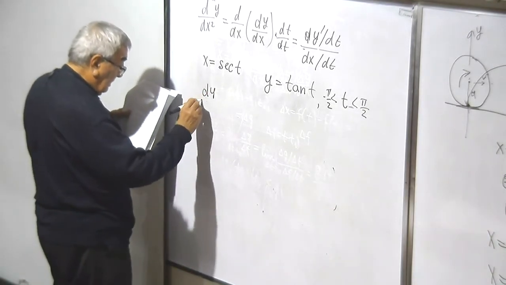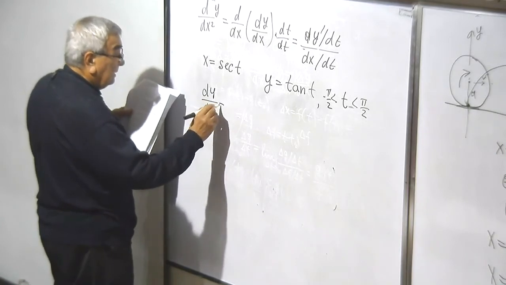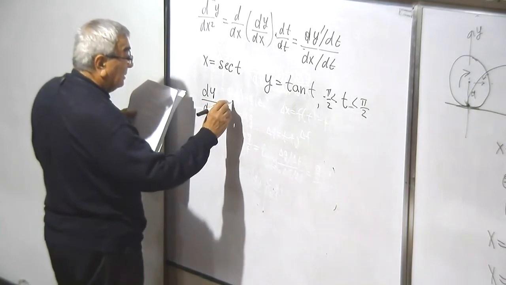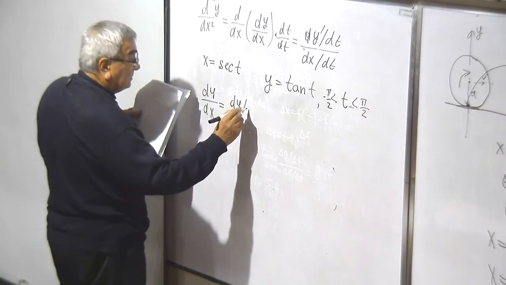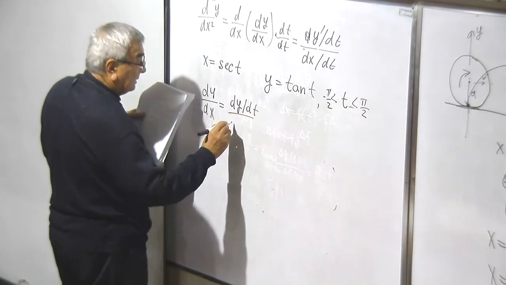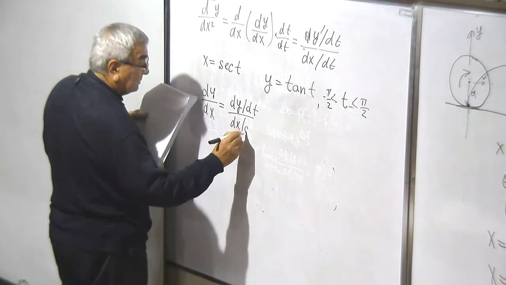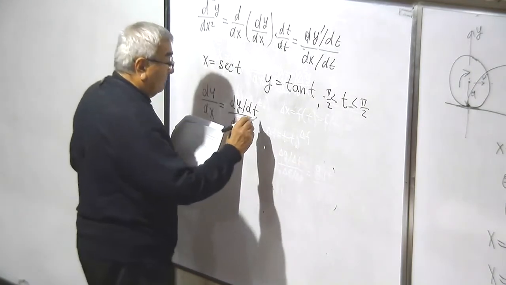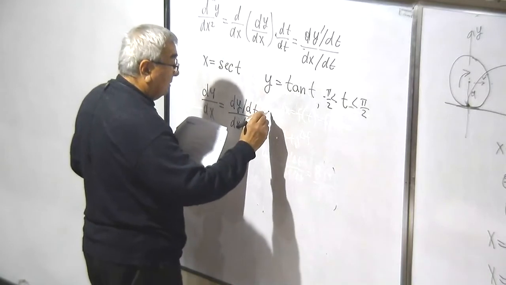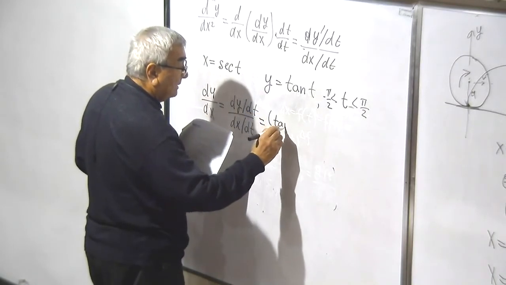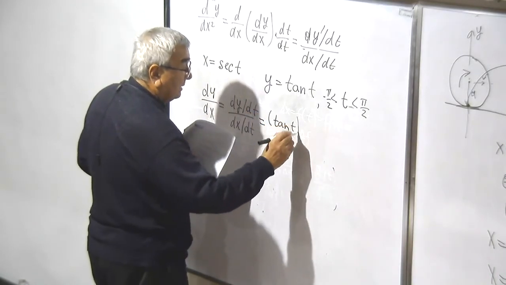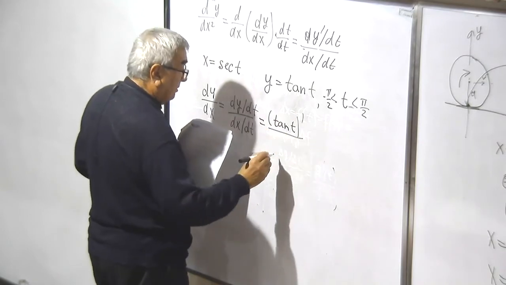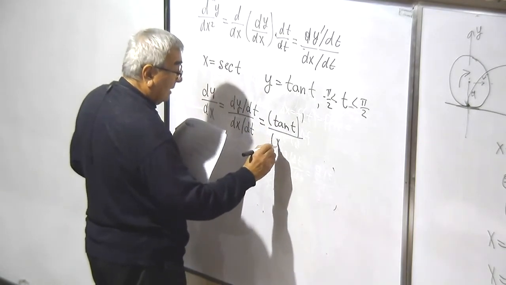dy/dx is equal to (dy/dt) divided by (dx/dt). So this will be equal to tan θ prime over x.